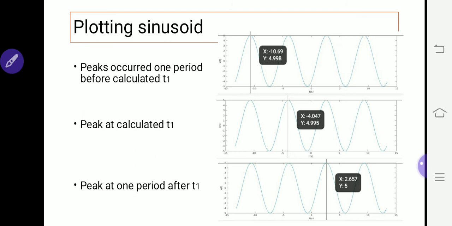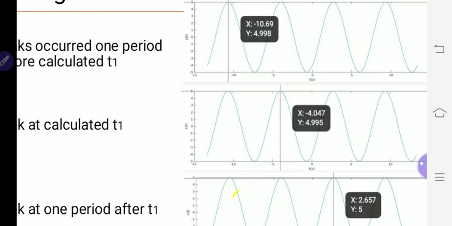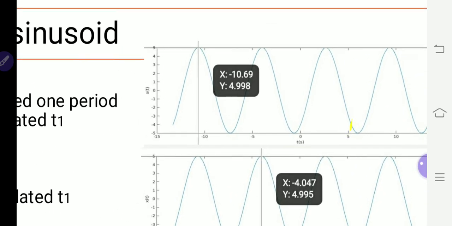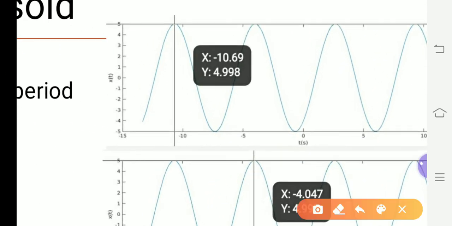Next, we can examine where the peaks occur. One of the peaks occurs at negative 4 seconds. If we zoom in, we can find one peak when time is equal to negative 10.69, or roughly negative 10.7 seconds.